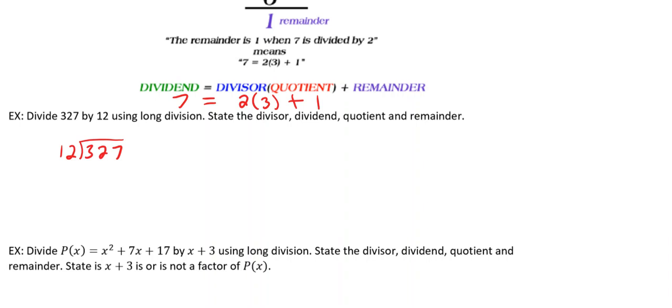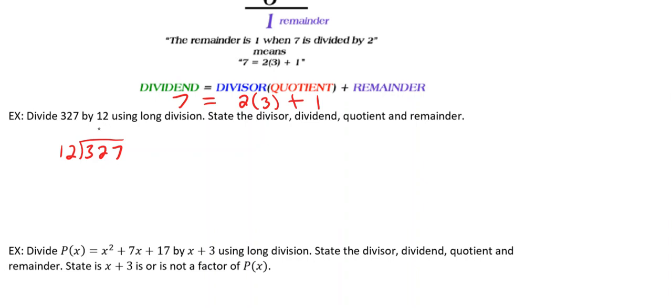All right. Does anyone remember what our first step is? Yeah, how many times does 12 go into that? That's kind of tough to figure out for the whole thing, so I'm just going to start off by saying, how many times does 12 go into 32?